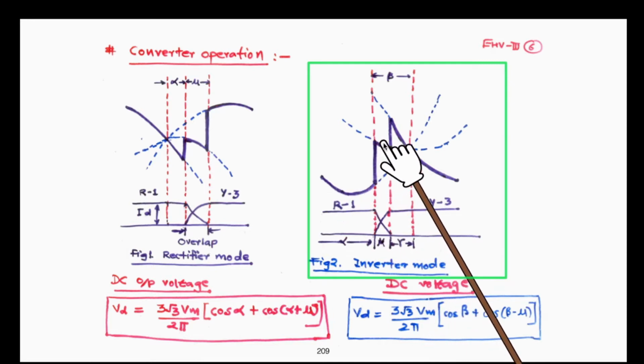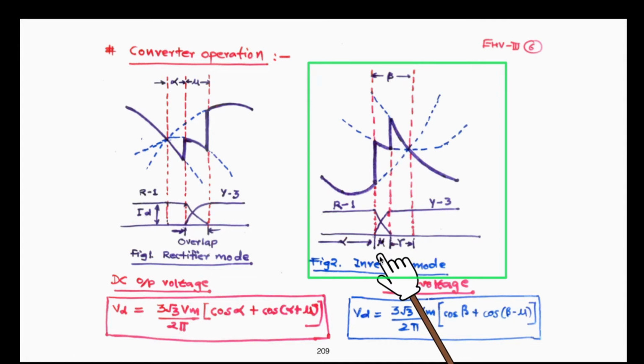The dark portion indicates the output voltage, and here again there is the effect of commutation overlap, and instead of firing angle, now there is extinction angle.